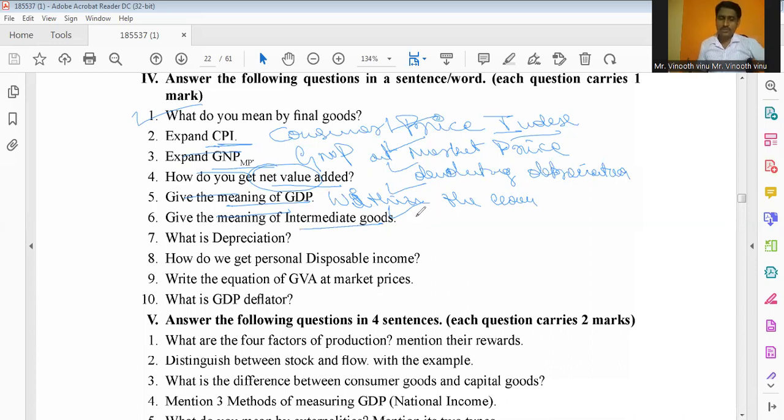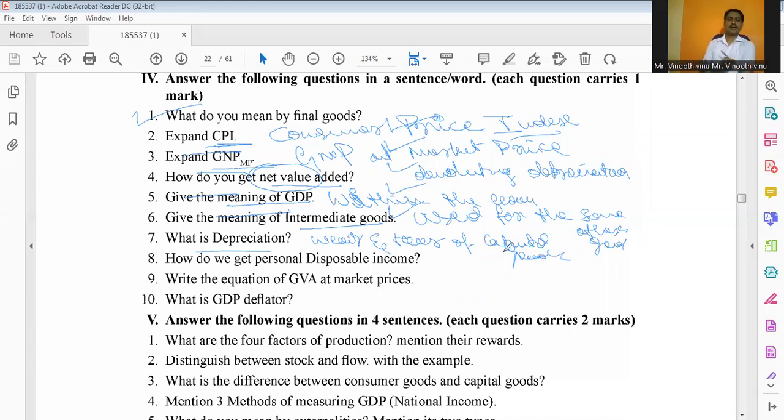Intermediate goods are the goods which are used for the production of some other goods. Okay, next, what is depreciation? Depreciation is wear and tear of capital goods.